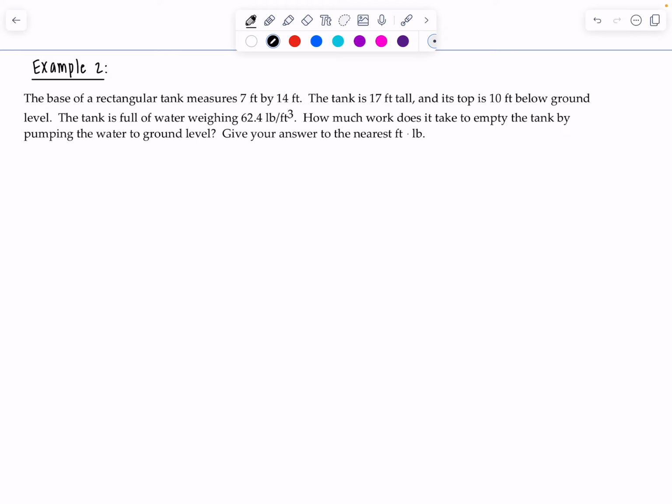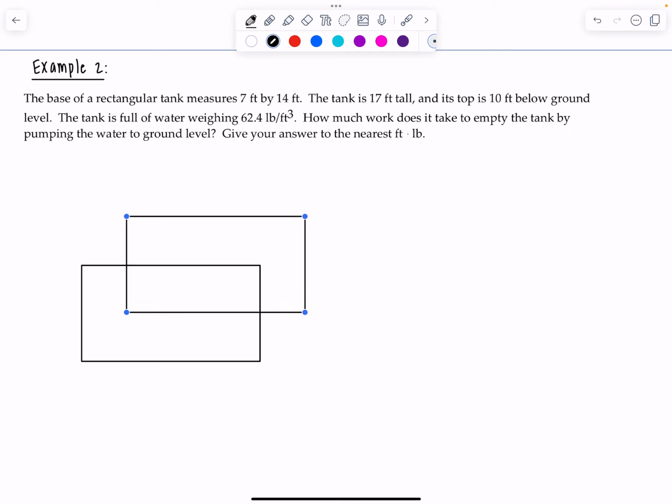So this time we just have a rectangular tank. Okay, not too bad. And they gave us the dimensions. Ooh, that looks better. And the tank is 7 feet by 14 feet and 17 feet tall. Okay, so then I'll say this side is 7 feet, this side is 14 feet, and it is 17 feet tall.